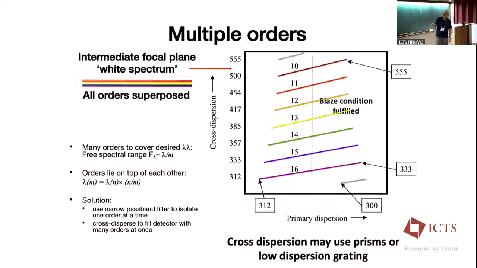And once you have cross-dispersed them, you will image them on a detector, and you will have different orders going from the blue to the red, all imaged at the same time on the detector, and you will have the full spectrum at high spectral resolution. I think this is a sign that I should stop.